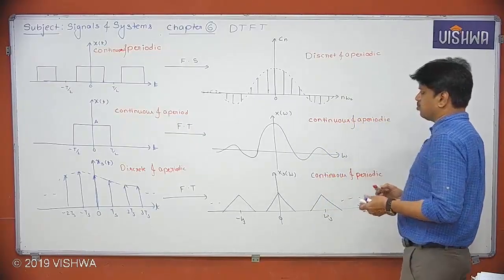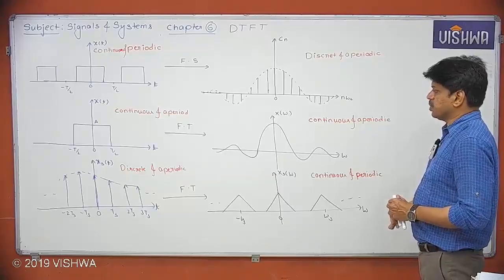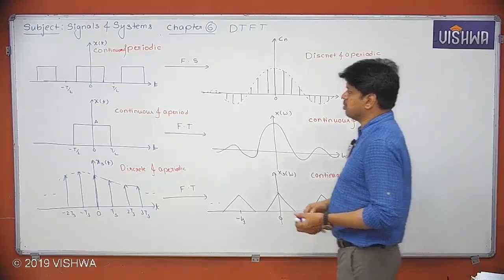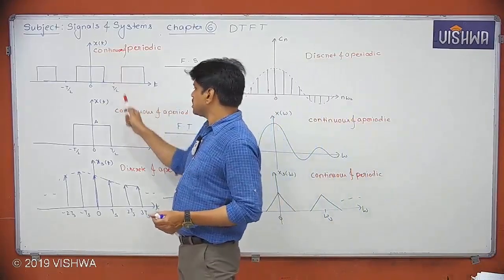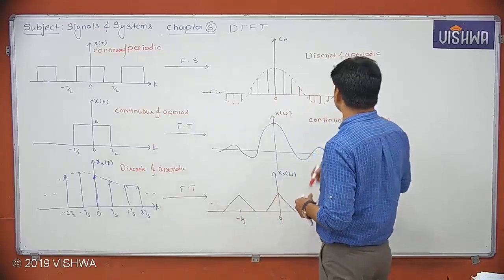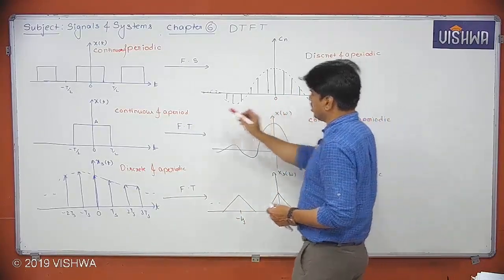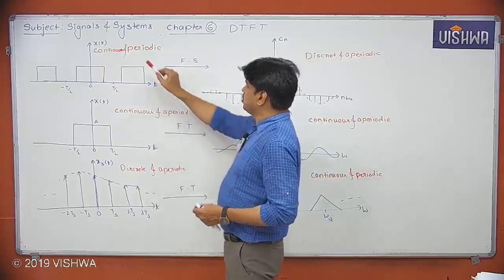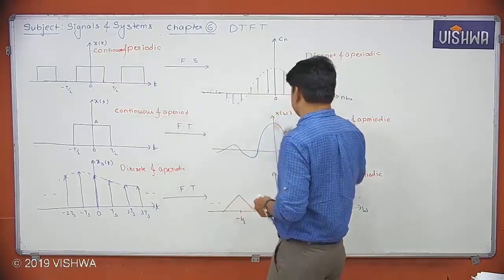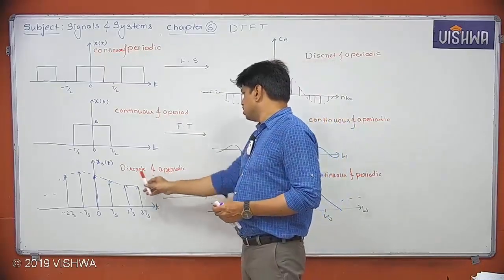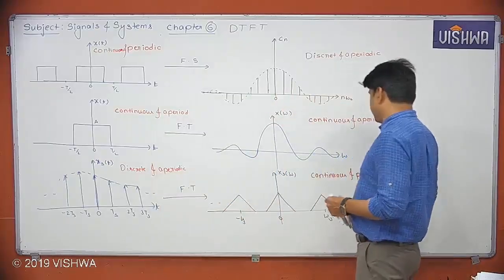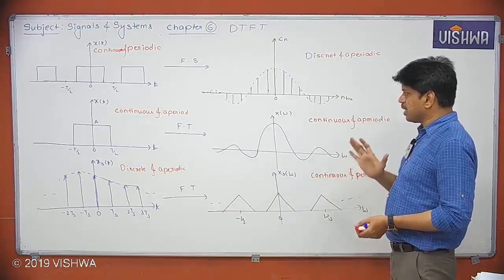So with this, we can make some conclusion points. Let's try to understand. Continuous here goes with aperiodic; periodic goes with discrete. So there are pairs.